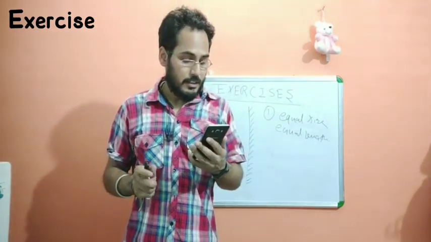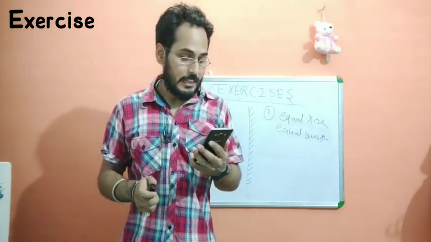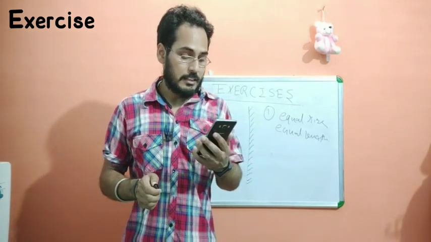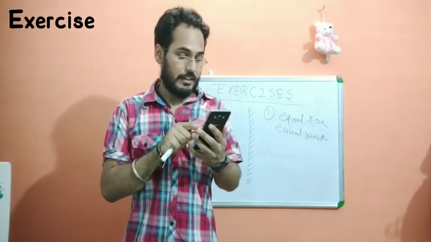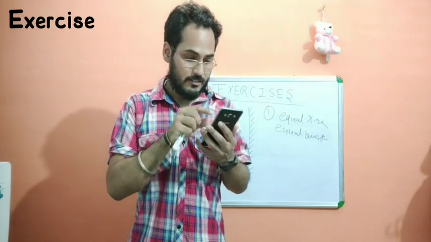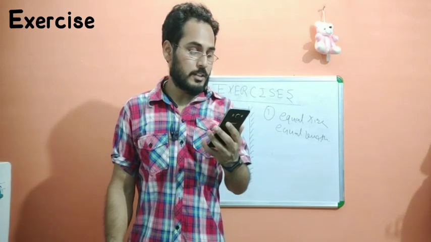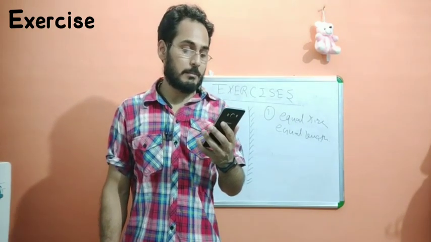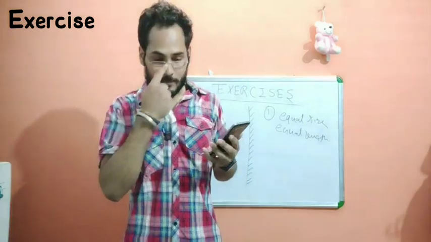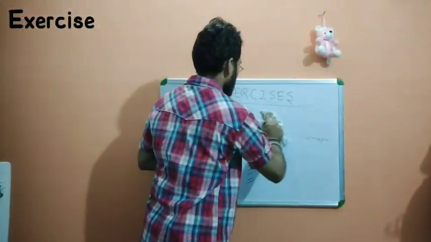The third question is a type of numerical. A person is standing in front of a plane mirror. The distance between the mirror and her image is 6 meters. If the person moves 2 meters towards the plane mirror, what would be the distance between the mirror and her image? First of all, we need to draw a plane mirror.